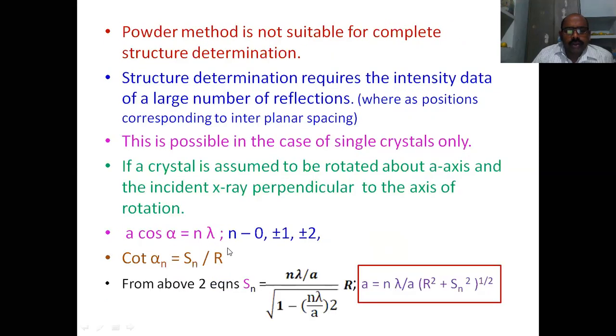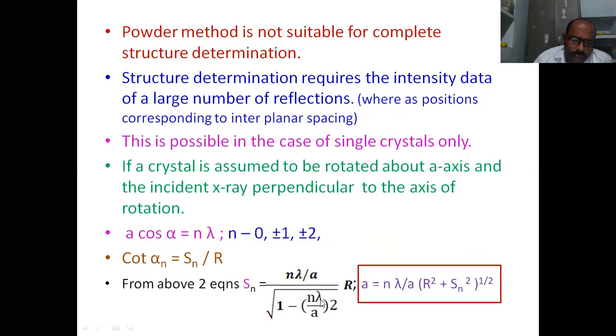Now, from the equation A cos alpha is equal to n lambda, cos alpha is equal to n lambda by A. Generally, cot alpha is equal to cos alpha by sin alpha. So we are expressing sin alpha in terms of cos alpha: sin alpha is equal to under root 1 minus cos square alpha.